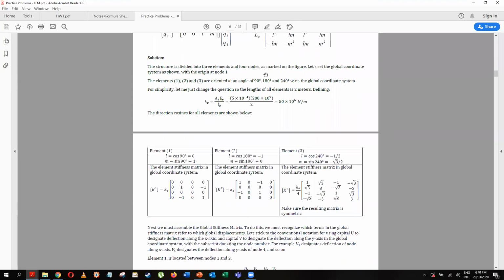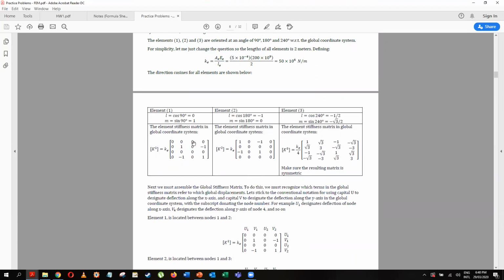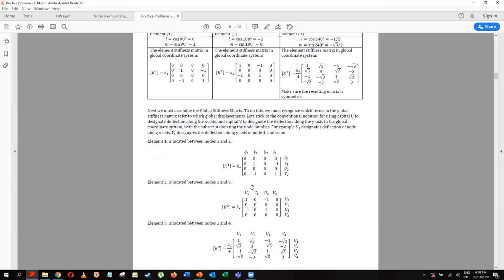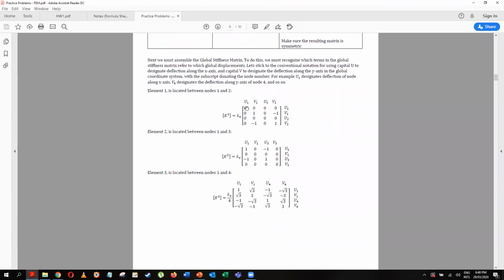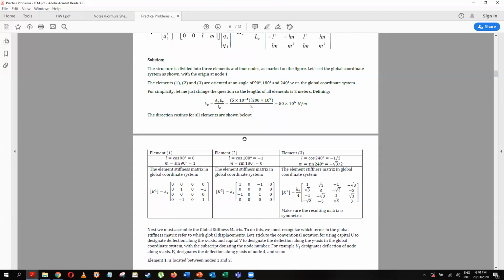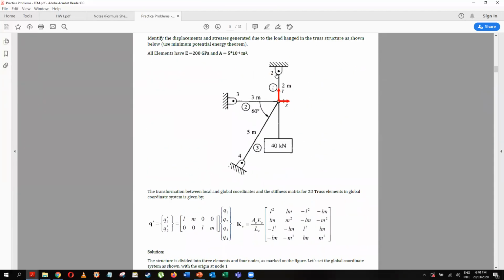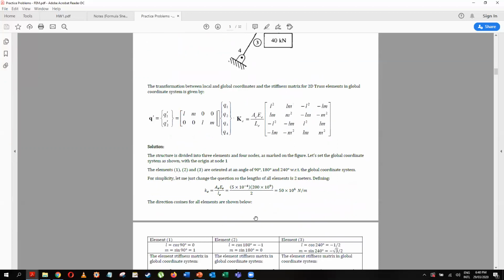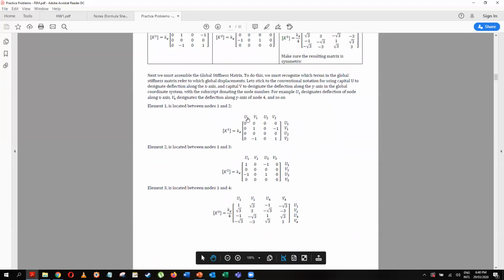Okay, so you can look over this entire solution. Of course, the first thing we do is find K for each of these individual elements and then write them in this form, कि जिसके ऊपर ये जरूर लिखना है कि for example, element K1 corresponds to the stiffness matrix of this one element, and this is acting between your node 1 and node 2, which have these corresponding displacements u1 v1 u2 v2, right?